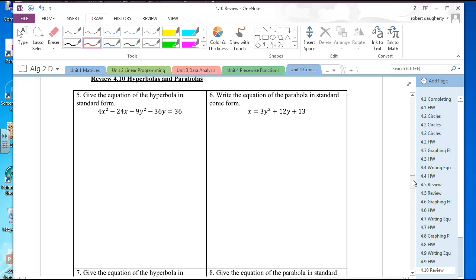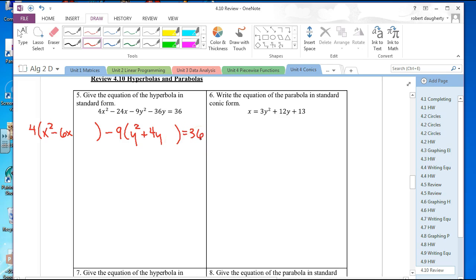Give the equation of the hyperbola in standard form. This is completing the square. So factor out a 4, x squared minus 6x, leave some space, minus 9, y squared plus 4y, leave some space, equals 36.